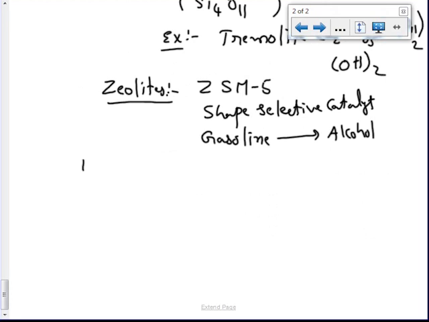And what about the mica materials or mica minerals? Mica.